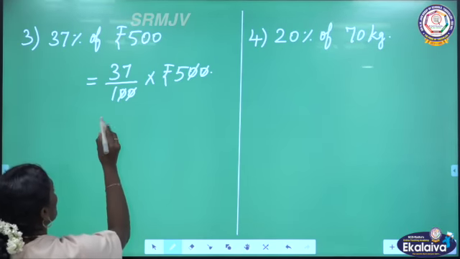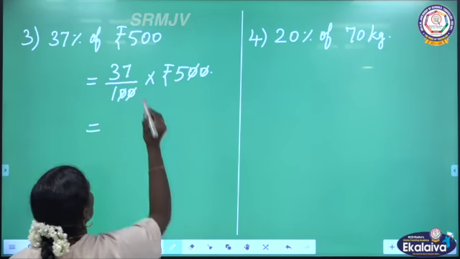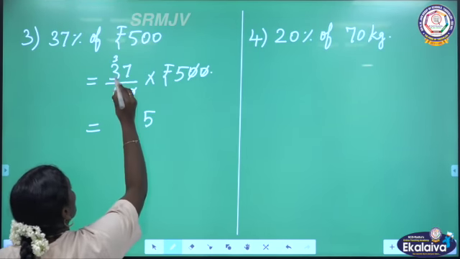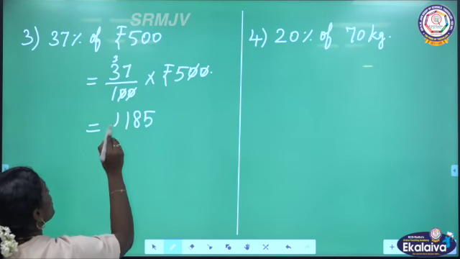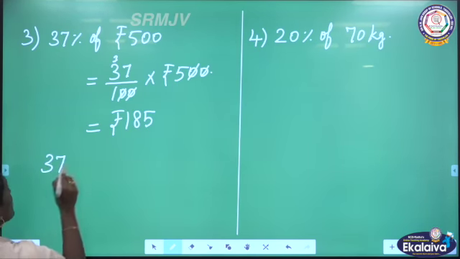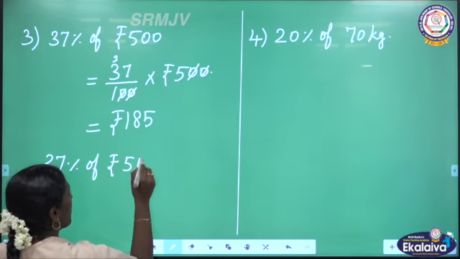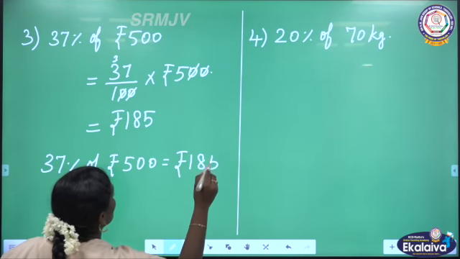In denominator we are having 1 alone, so we have to multiply the numerator numbers. 5 7s are 35. 5 here, 3 carry over, 5 3s are 15. 15 plus 3, 18. So that is rupees 185. So 37% of rupees 500 is rupees 185.